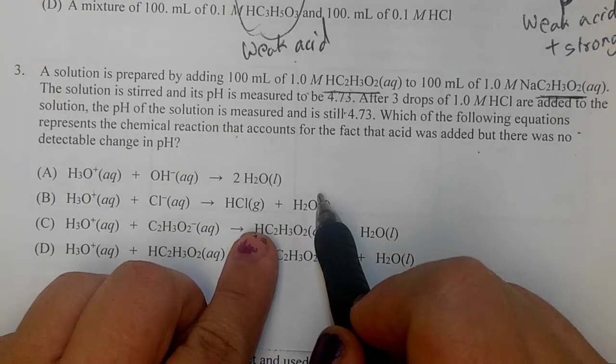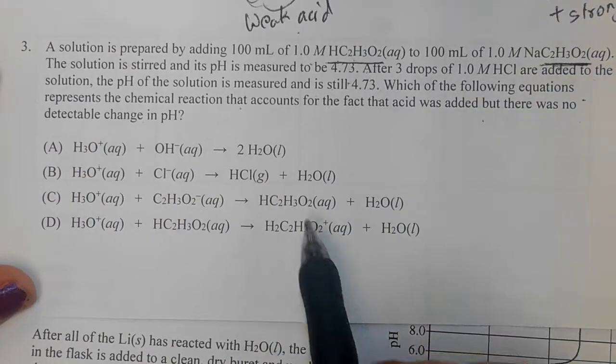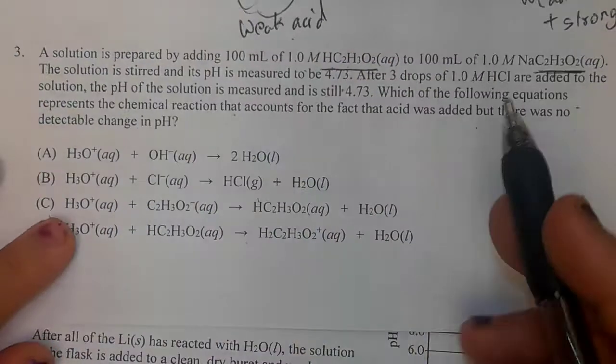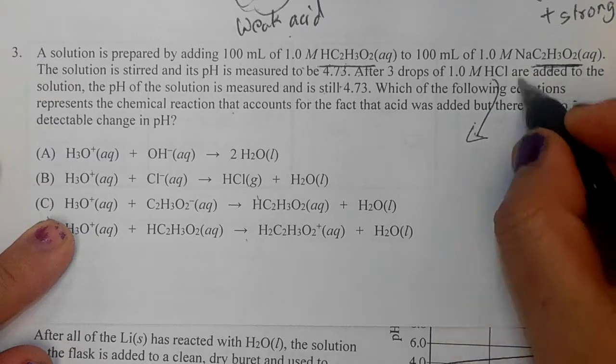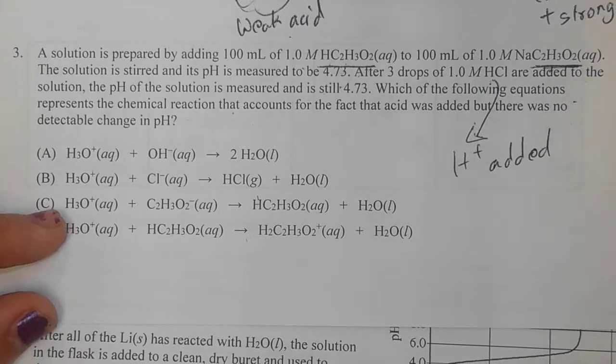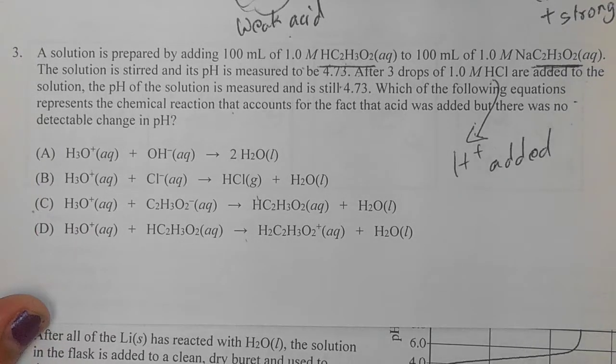So let's talk about what's happening. Clearly you guys are talking about either C or D. Take a look. Buffer solution. That means HCl is the acid being added, which is the same thing as H plus added. Or you can say H3O added. So what is H plus going to do?